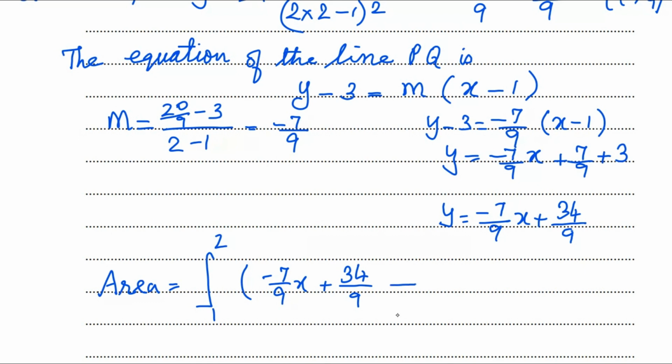From this subtract the area under the curve. So minus x minus 2 times (2x minus 1) the whole power negative 2. So I'll write 2 over (2x minus 1) the whole square as negative 2 times (2x minus 1) the whole power negative 2.